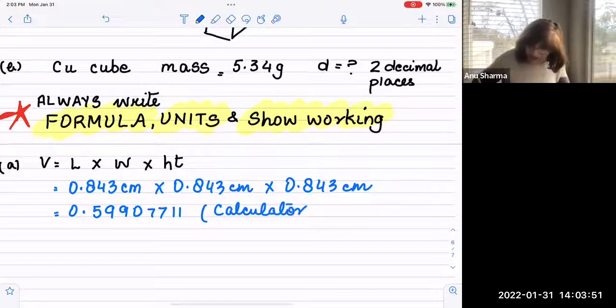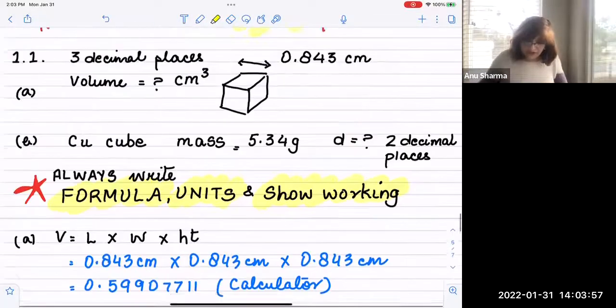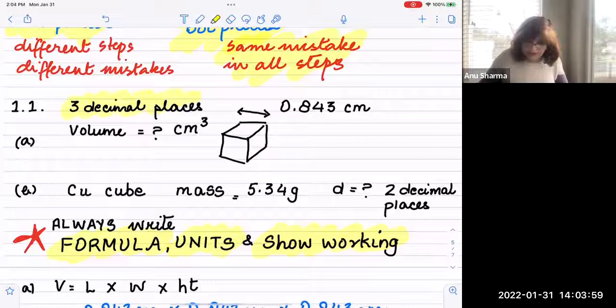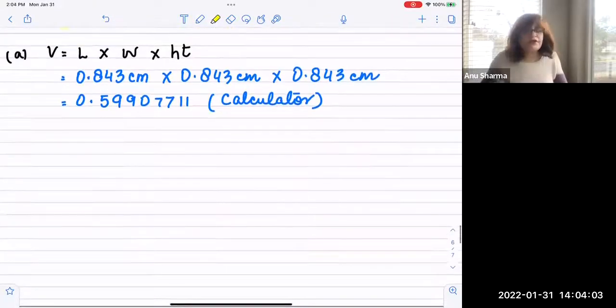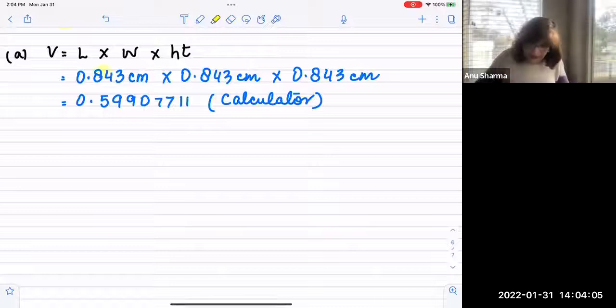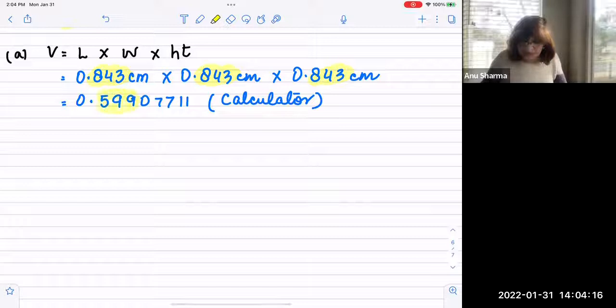Okay, so we need to get 3 decimal places, or in other words, 3 significant figures. The question also is saying up to 3 decimal places. Technically, when you multiply, you have 3 significant figures, 3 significant figures, 3 significant figures. So when you multiply, the answer should have the lowest number of significant figures, which in this case is 3.